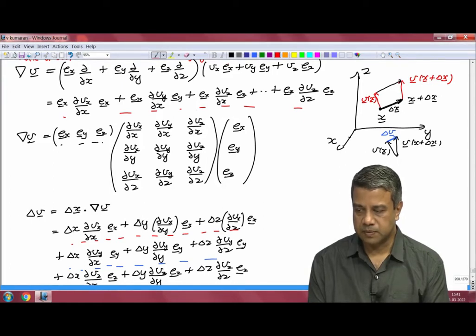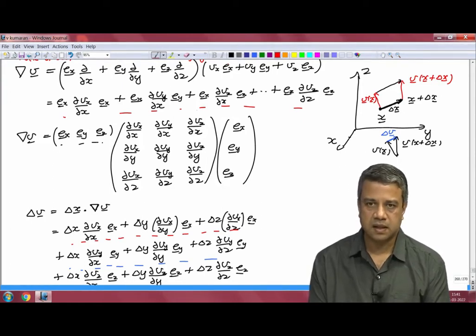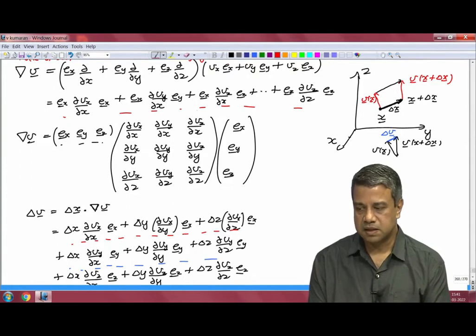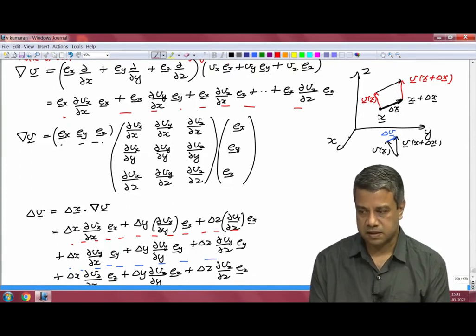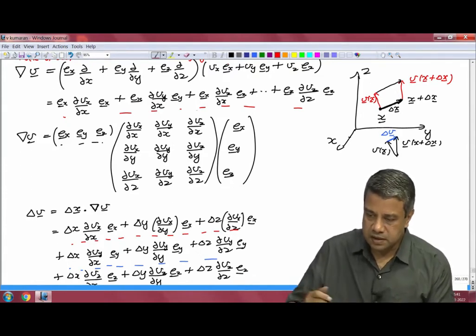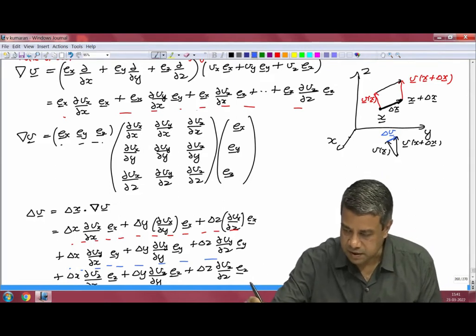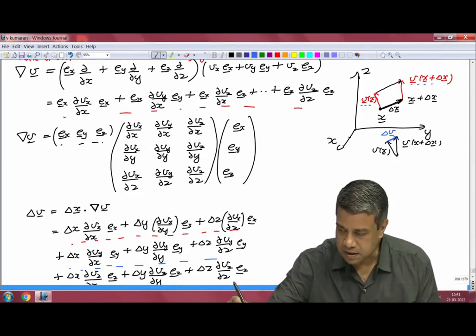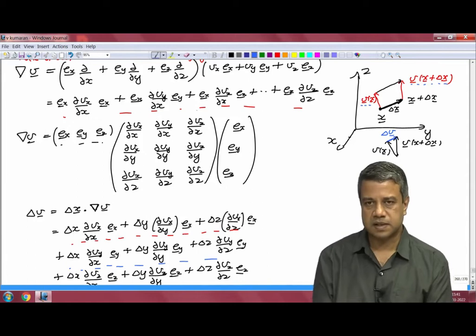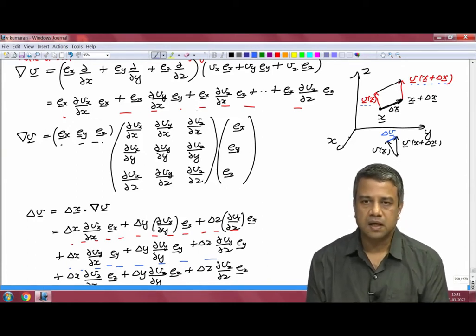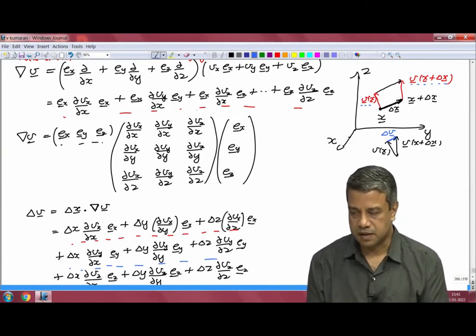If I take two nearby locations x and x plus delta x, separated by a distance delta x, the velocity at the location x is v of x, at the location x plus delta x is v of x plus delta x, and there is a difference in the velocity delta v.